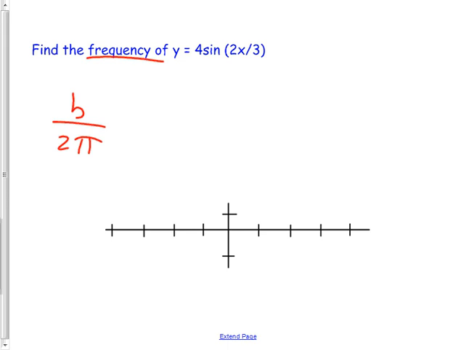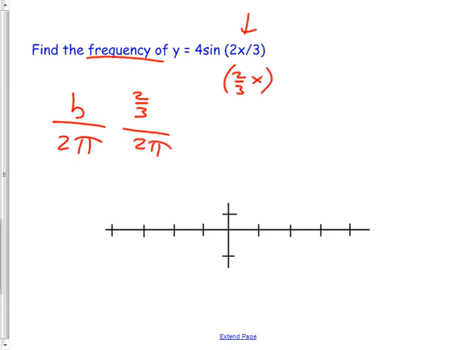What's b? Well, that right there, 2x over 3, do you get that that means 2/3 x? It's the same exact thing. So then what's b? 2/3. So if I'm going to do b over 2 pi, I'm going to do 2/3 over 2 pi.